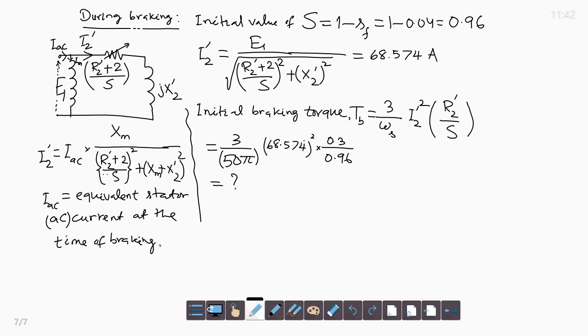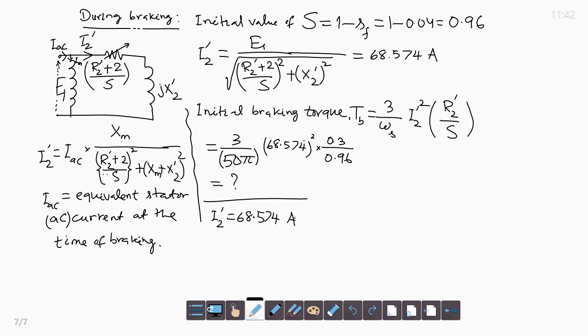So, here this formula comes from the equivalent circuit, and here I2 dash is 68.574 ampere and R2 dash is 0.3, capital S is 0.96. So, Xm, X2 dash values are given.